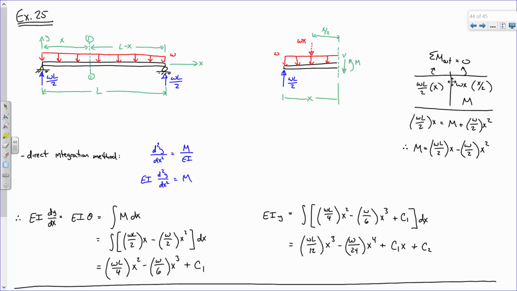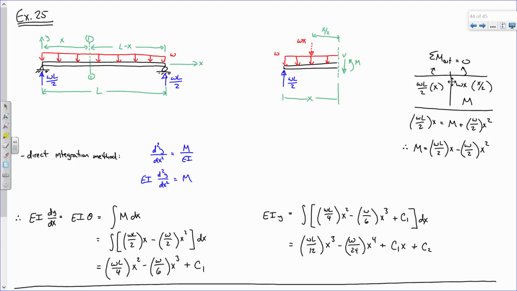So not only do you have to satisfy the constants of integration for the boundary conditions, but you have to satisfy constants of integration related to the continuity. In other words, the slope and deflection where those two curves meet have to be the same. And the algebra gets nasty. I'm not saying it's not doable. It's very doable. It just gets very nasty.